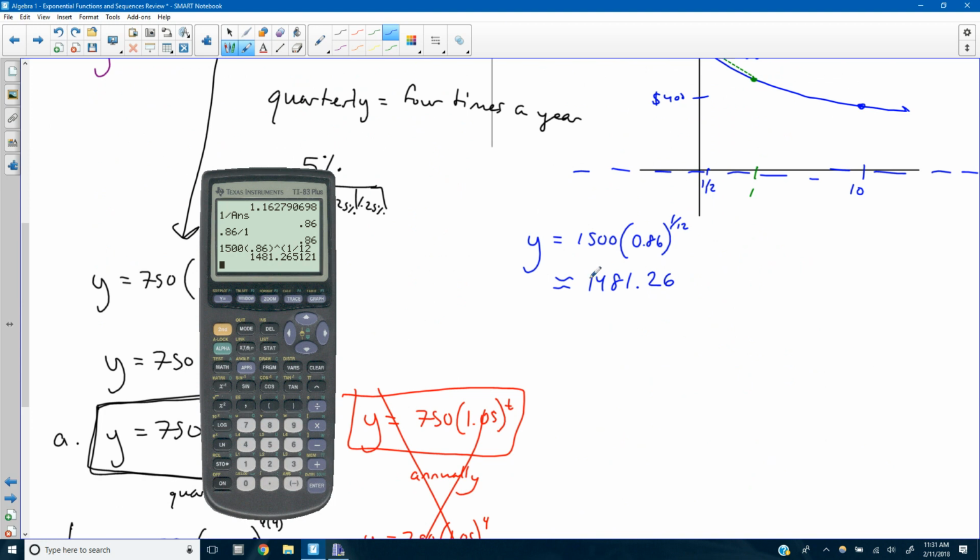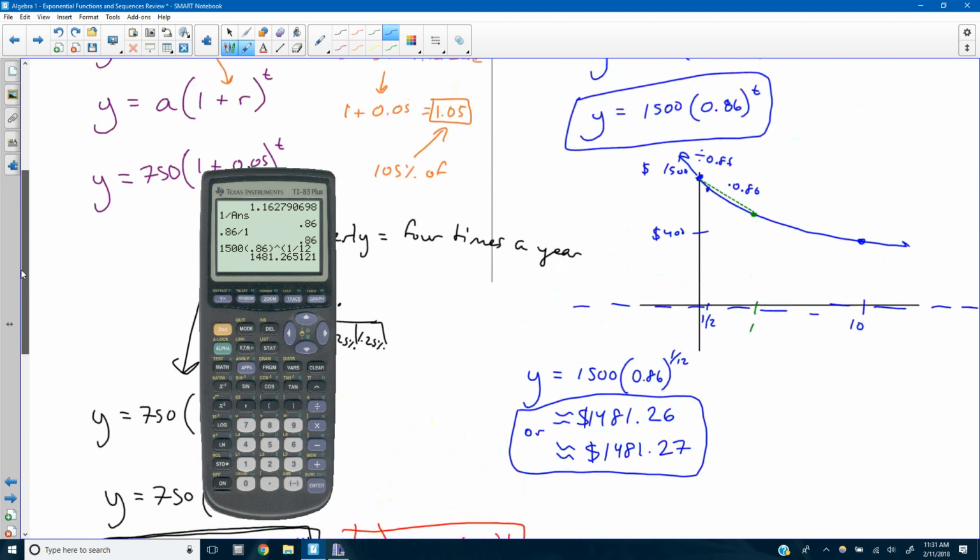Is it 26 cents or 27 cents? Before, you thought, let's just cut it off, let's make it 26 cents. But when something decays, I still have that struggle of asking myself, have we lost the 27th cent yet or not? Some people say yes, some people say no, and I don't just mean students, I mean even mathematicians.